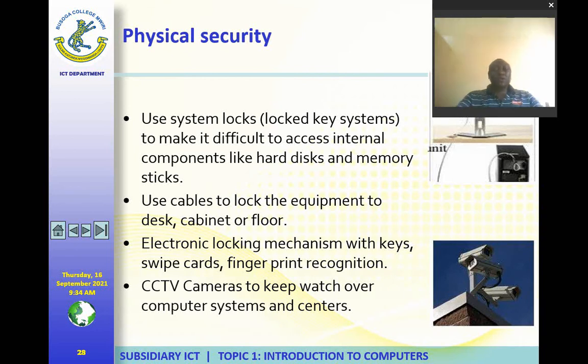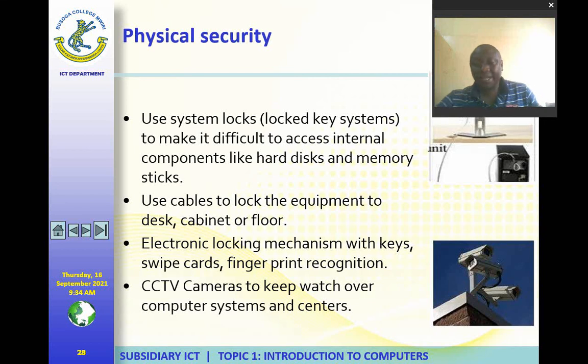Then also use cables to lock the equipment to desk or cabinet. Tie them, tighten. If this one is my mouse, tie it with this other cable, so that no one will be able to take away this mouse from this computer.